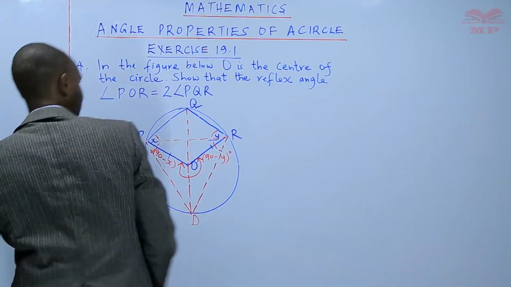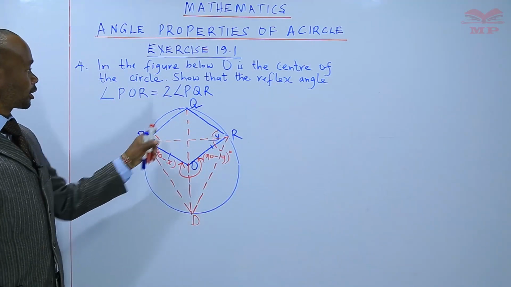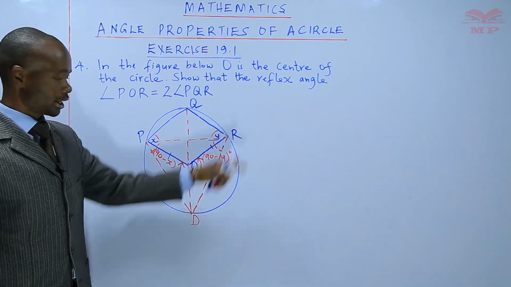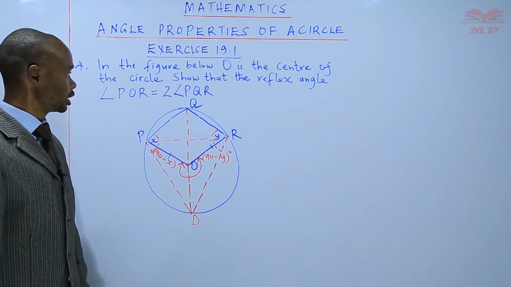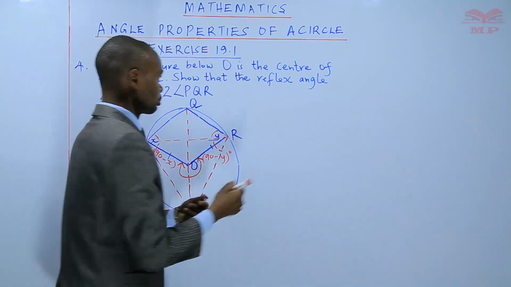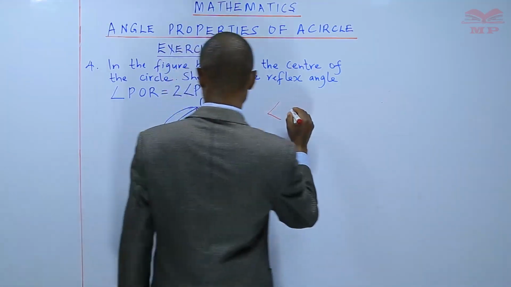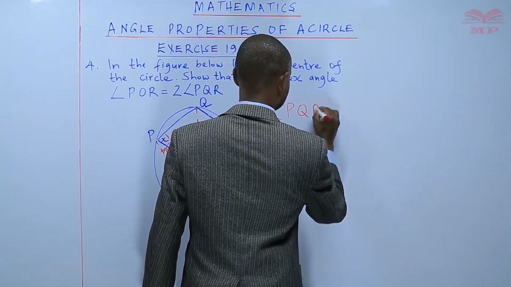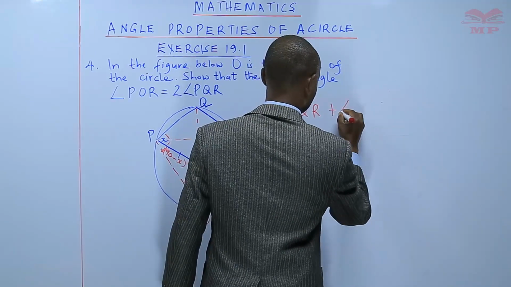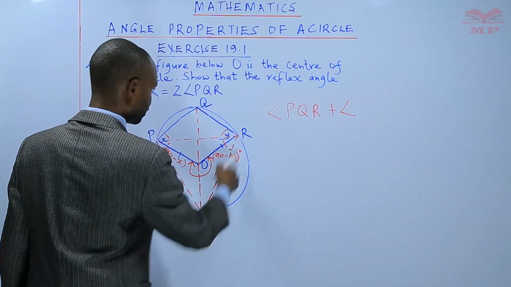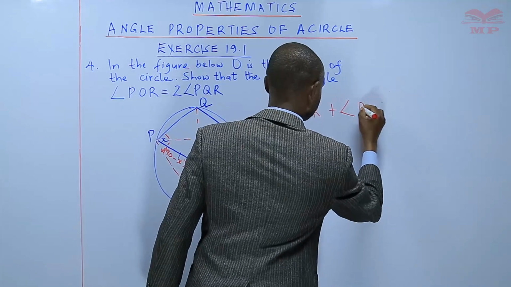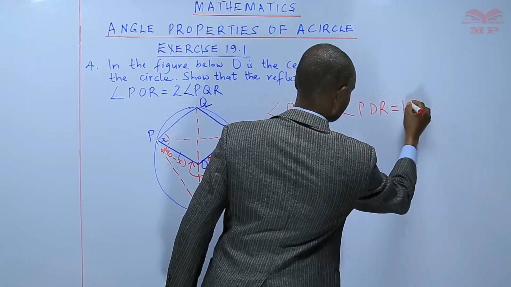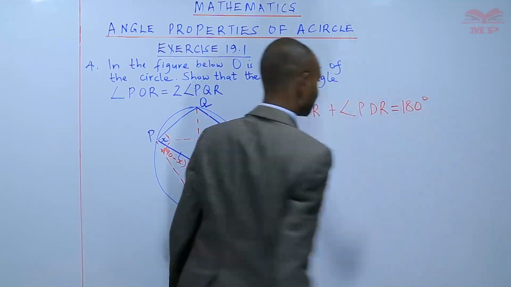Now, arising from that concept that PQR added to PDR, their value is 180 degrees. So to get PQR, angle PQR plus angle PDR, their sum should give you 180 degrees.